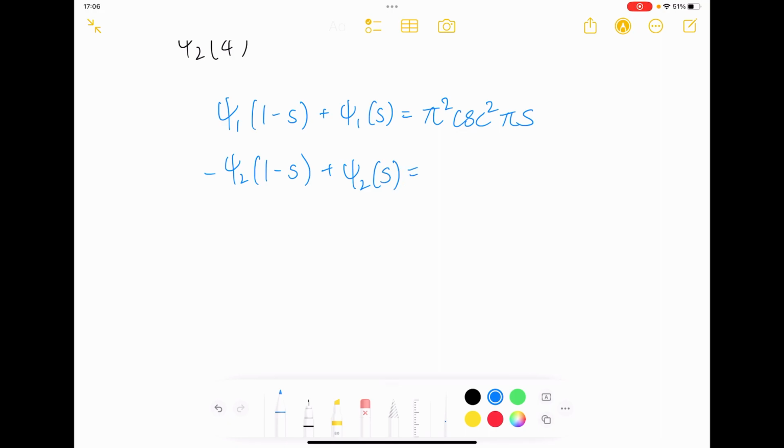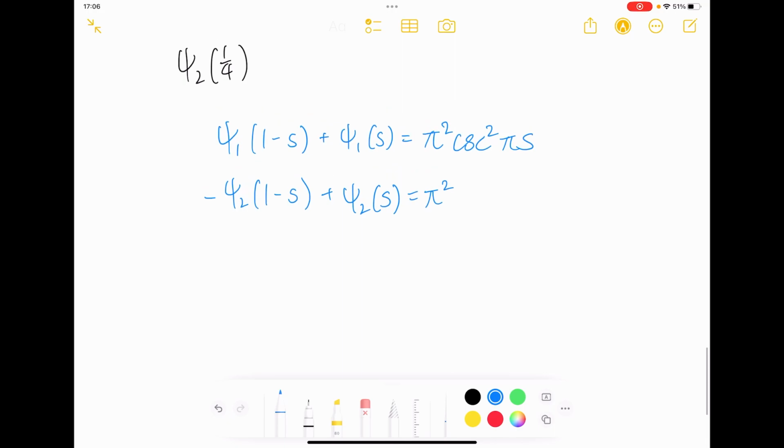That equals pi squared, which is a constant factor. And for the derivative of cosecant squared pi s, we're going to spam the chain rule. So that's going to be 2 cosecant pi s times negative cotangent pi s cosecant pi s times pi, because of the pi s.